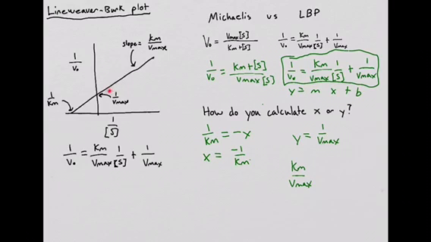So if this is on top, this is going to stay constant. It's going to look a little bit like 1 over Vmax divided by our x, which is 1 over Km, which is going to result in Km over Vmax, which is going to be our slope.